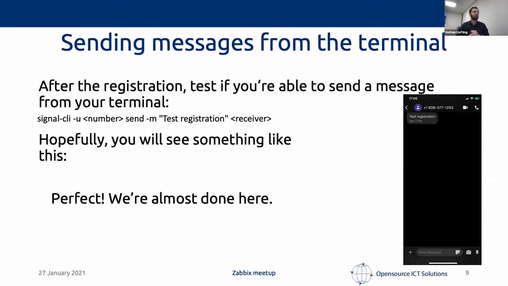From there on out, we can send messages from the Signal-CLI terminal, so from that command using that application, towards our Signal. So what you can now do is use that Signal-CLI command and set up the number. This can be any number that you want to test against, and then test registration with the receiver.